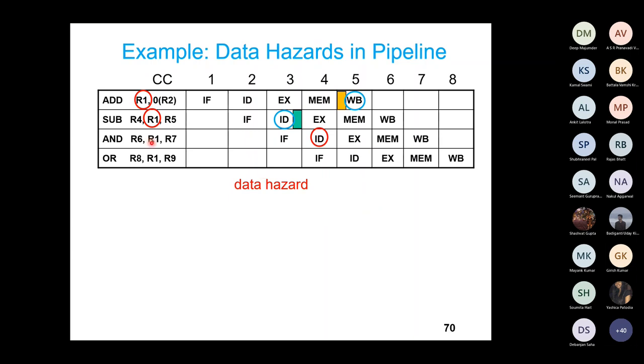You also note that the same source register is being asked for here and also here. Since the result is available at the end of the execute stage, by adding some appropriate hardware, which is called the forwarding hardware, I can resolve this. I can execute the subtract instruction, which has already entered the pipeline, without any stall.